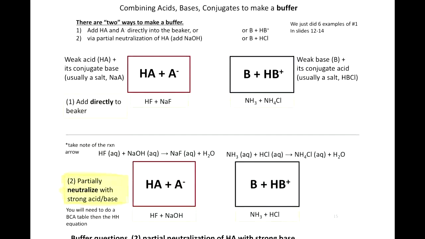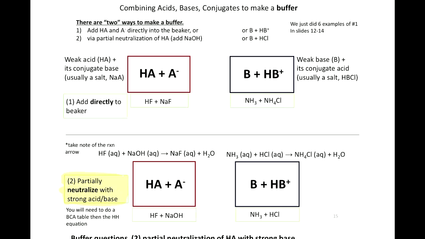So to make a buffer, that's all you need. You just need acid and its conjugate base, or base and its conjugate acid. You need those two things in the solution. So in all the previous examples, I've just given you the mole amount or the molarity of each of these, you plug it into the Henderson-Hasselbalch and you're good to go.